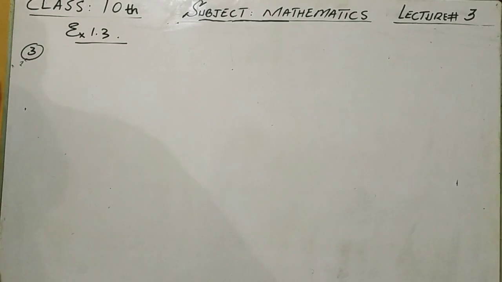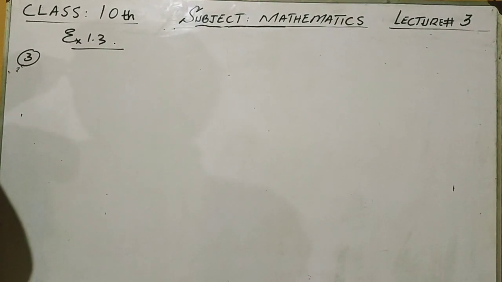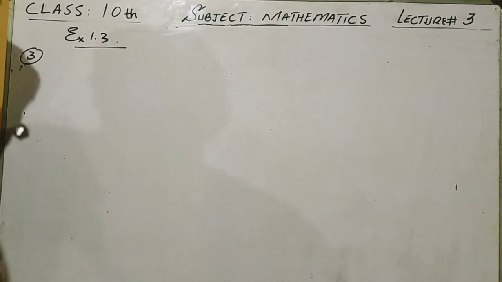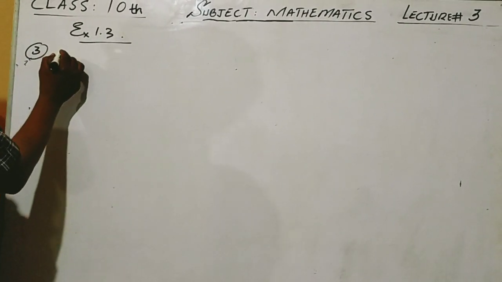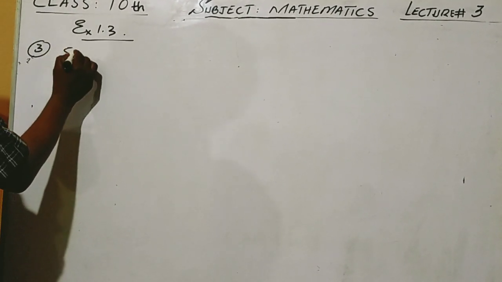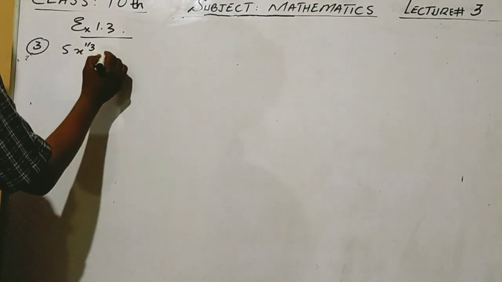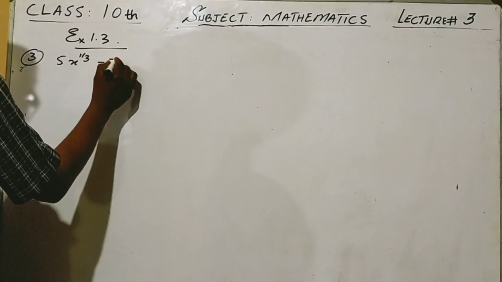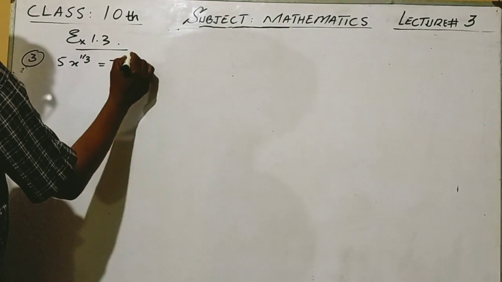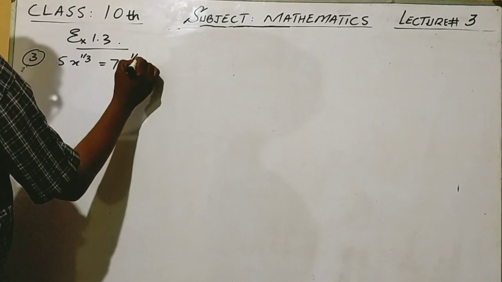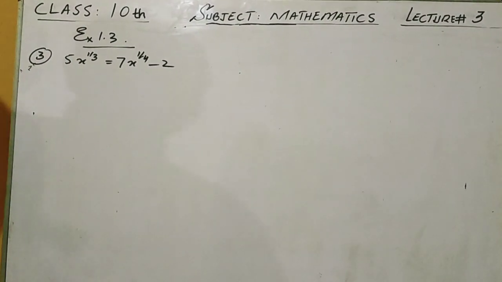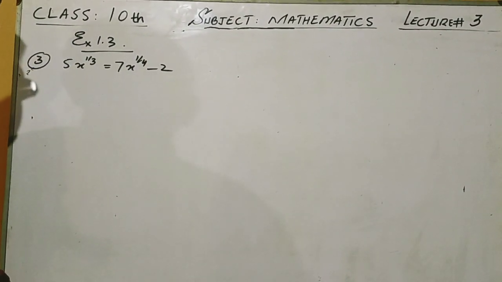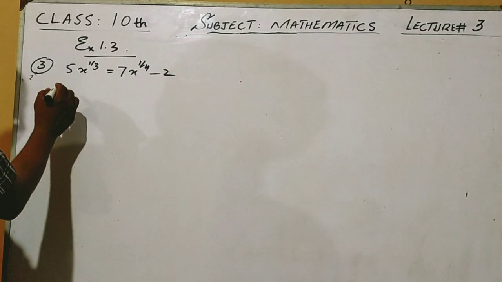This is the first type of such equations. So in this question 3, 5x^(1/3) is equal to 7x^(1/4) minus 2. My dear students, this is the first type of such equations.